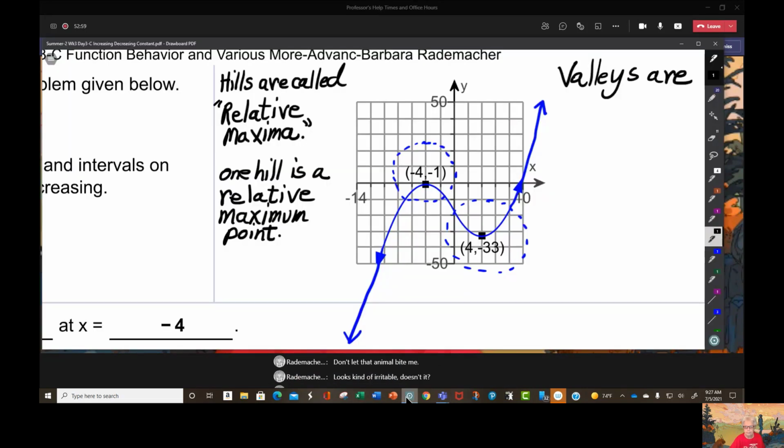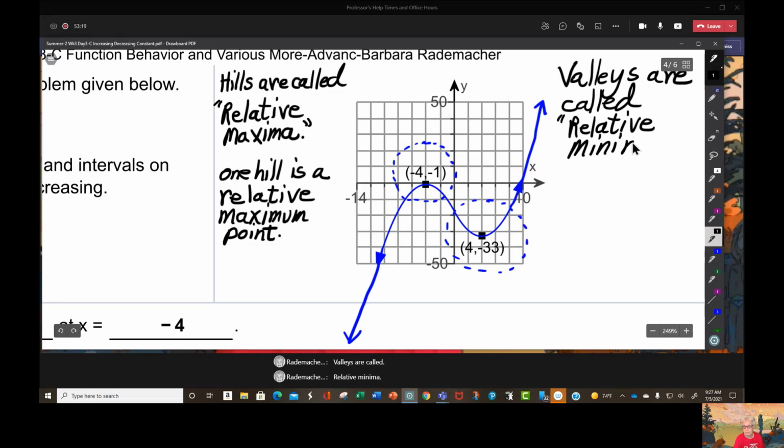Okay. Valleys are called relative minima.